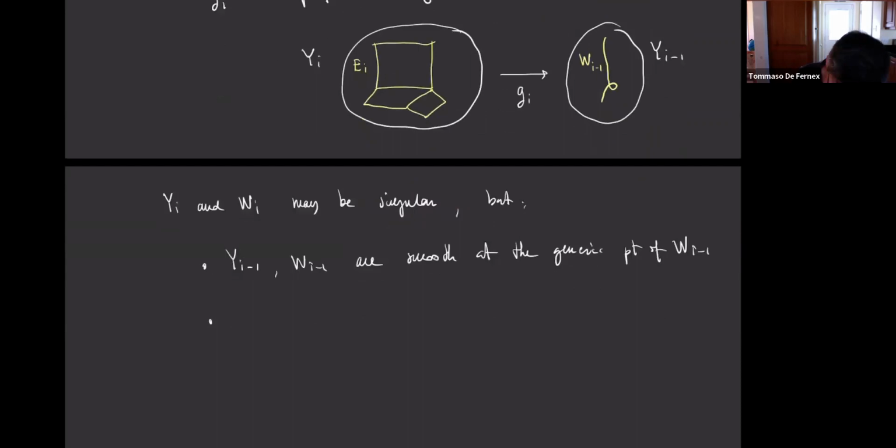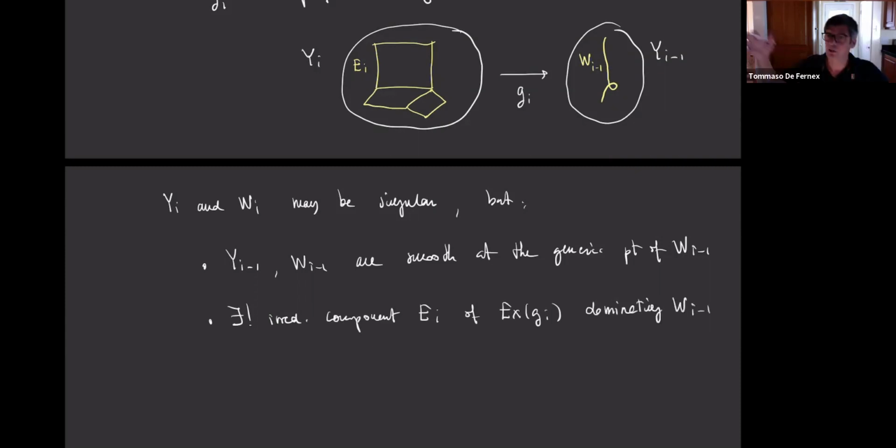And when you blow up, there exists a unique irreducible component E_i of the exceptional locus of g_i dominating w_{i-1}. So the other components will lie over the singular points of y_{i-1} or w_{i-1}.